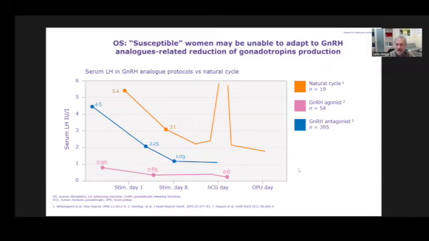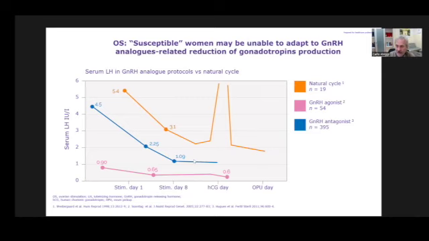We give exogenous gonadotrophins, in the vast majority of cases only FSH, in patients where agonists or antagonists of GnRH are utilized. So you can see that in case of agonists or antagonists, in the last stage of follicular growth, before triggering, we have a very well suppressed LH. So a molecule that is very crucial for the quality of the oocyte and the embryo is suppressed.